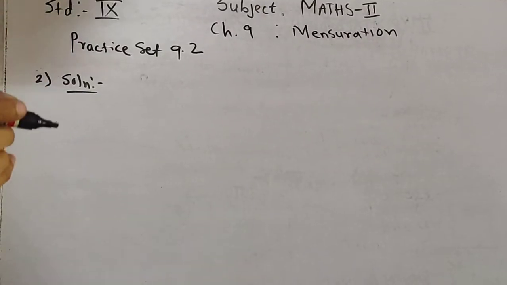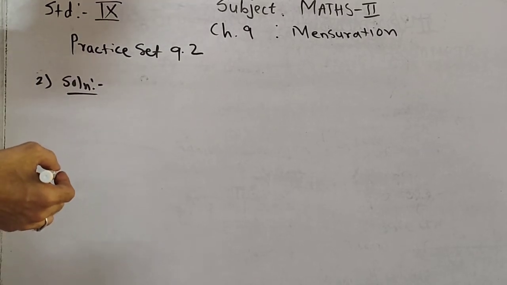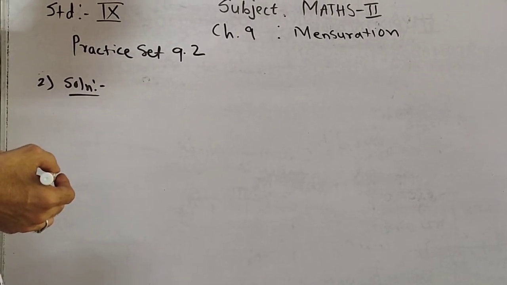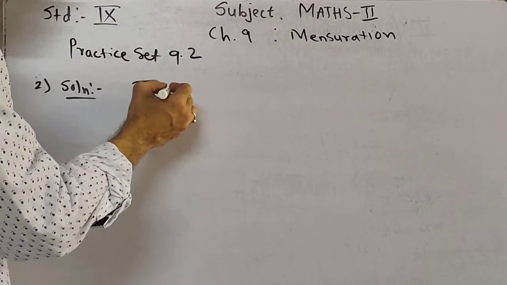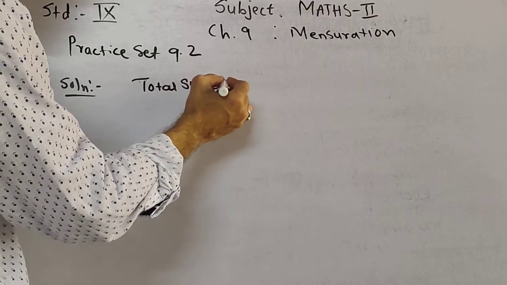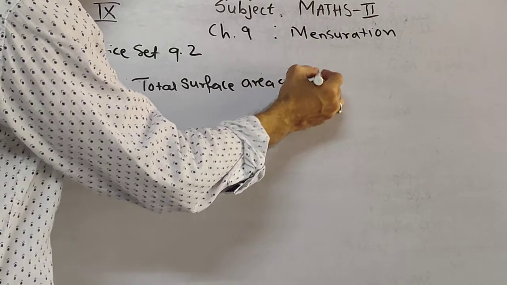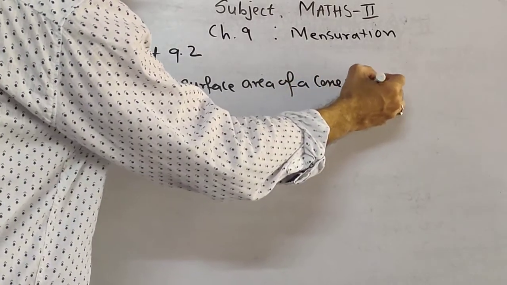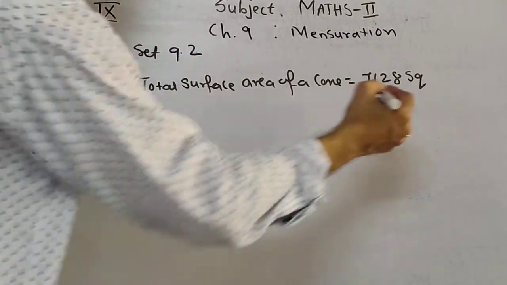Okay, come to sum number 2 now. In sum number 2, you have to find out the volume of a cone. Its total surface area is 7128 square centimeter.